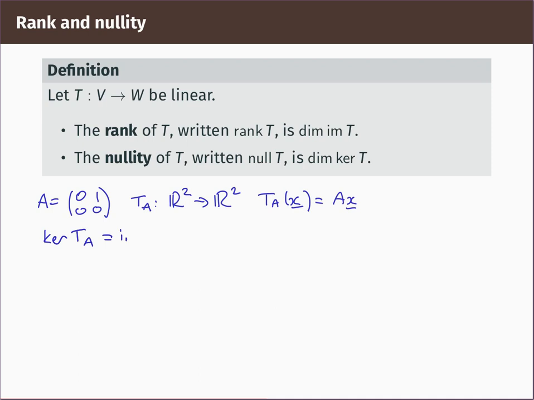The kernel of TA and the image of TA were just the set of all vectors like this. And that, of course, is a one-dimensional vector space.